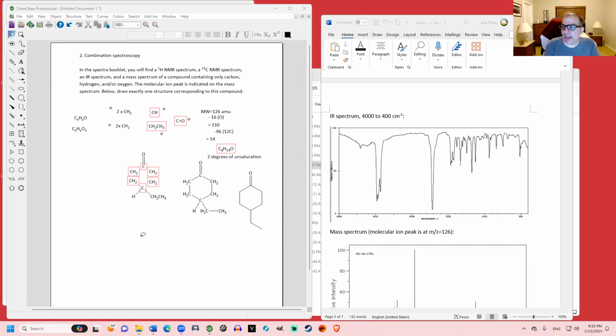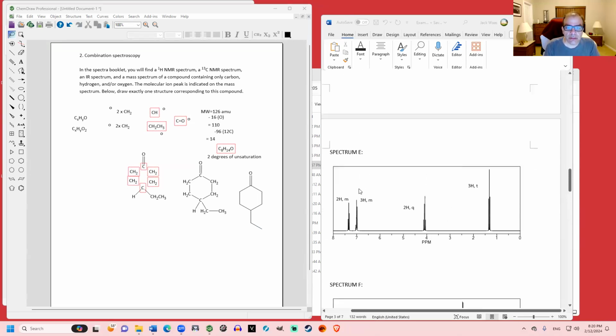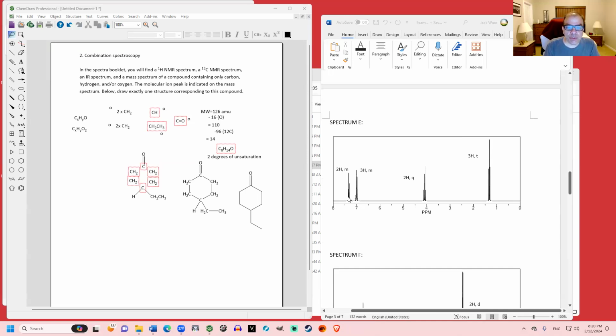Could you re-explain how you knew a benzene ring is present in the proton spectrum? I knew a benzene ring was there because of the chemical shift of these hydrogens. Aromatic hydrogens typically show up around 7 parts per million. And I also see that there's 5 of them total. That tells me that there's a benzene ring with one group attached.